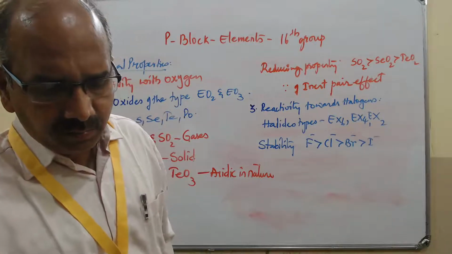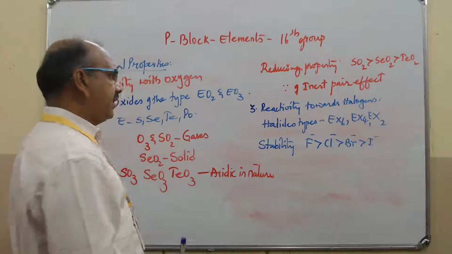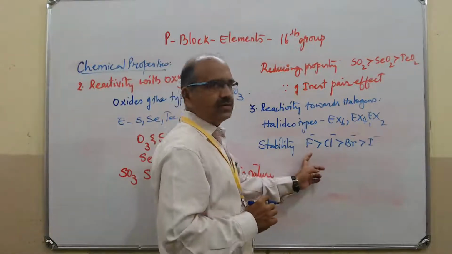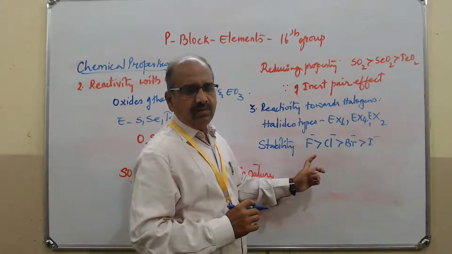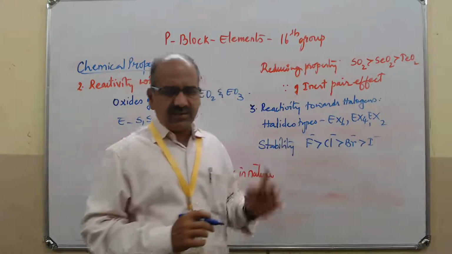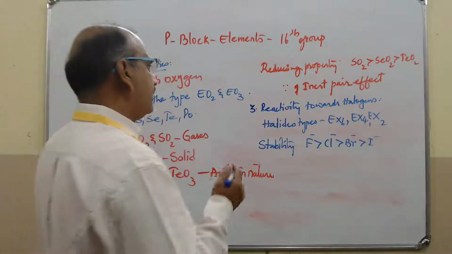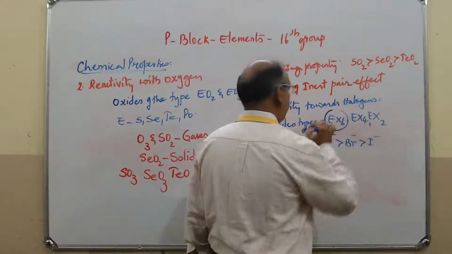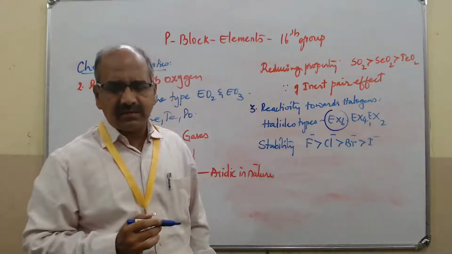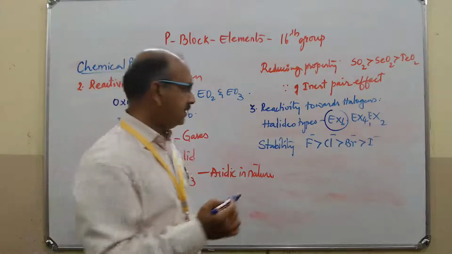Fluorides are the most stable, and among the others, chlorides are more stable because less steric hindrance is there. Further, if you compare the hexahalides, which hexahalide is more stable?